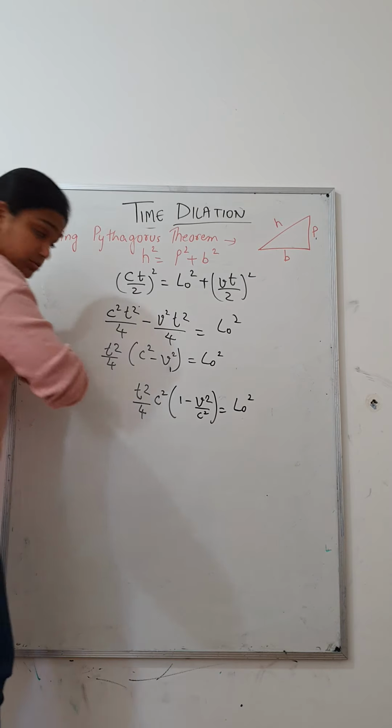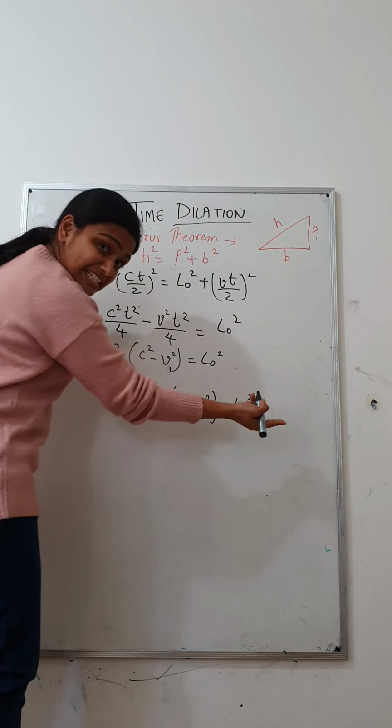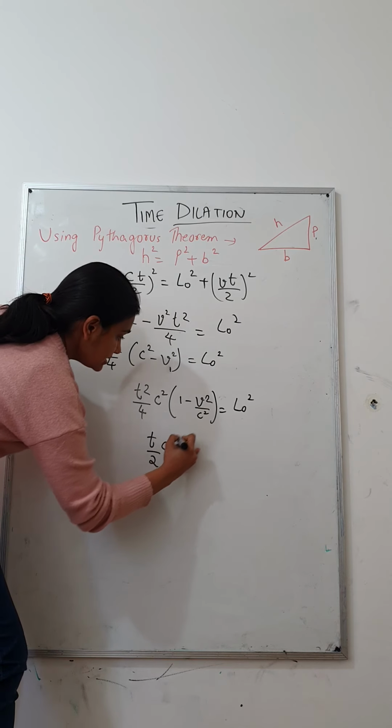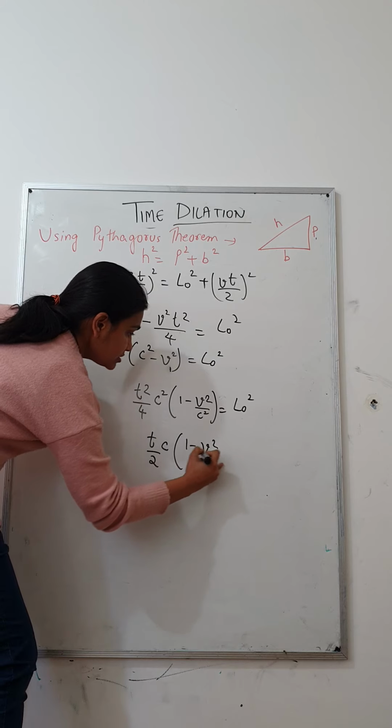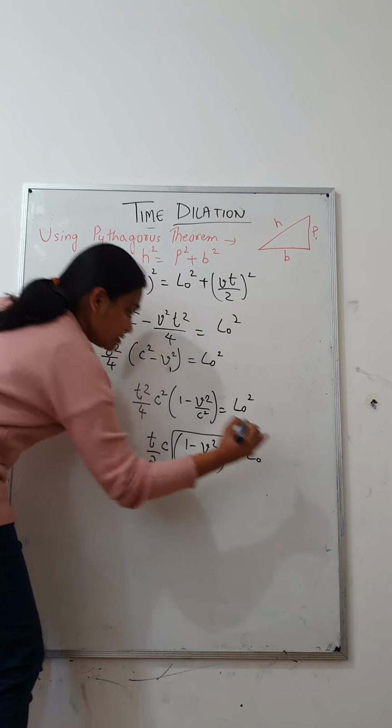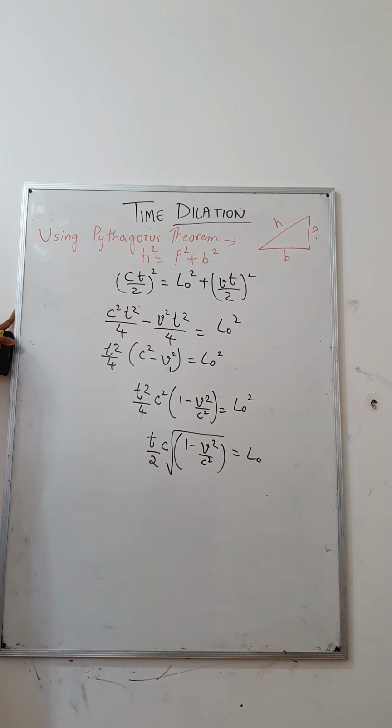Taking square root on the left hand side as well as the right hand side. T by 2 times c times root of (1 minus v square by c square) equals L0.